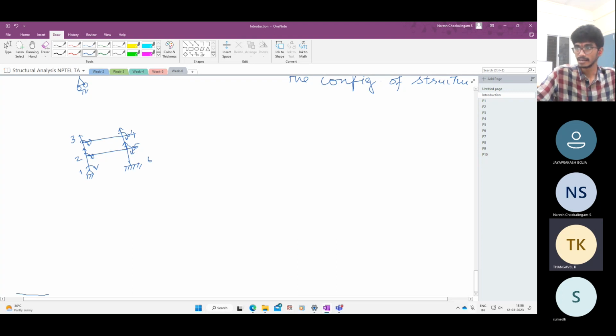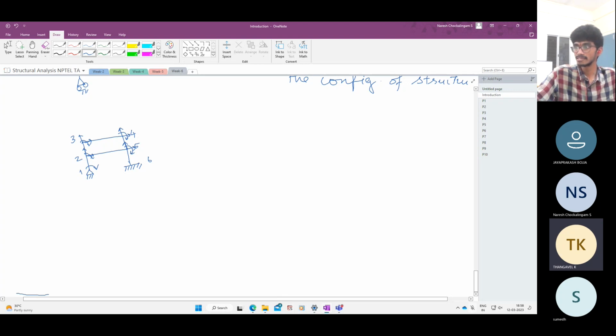I can specify any value for these displacement quantities. For example, theta 1, u2, theta 2, v2, all these can be specified arbitrarily without violating the boundary conditions and the compatibility. That is, these are all connected, not overlapping.